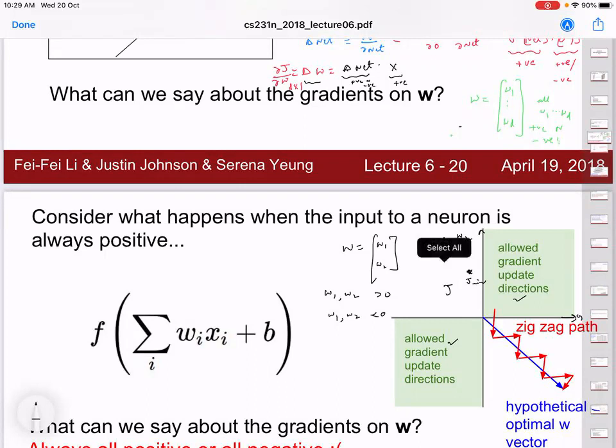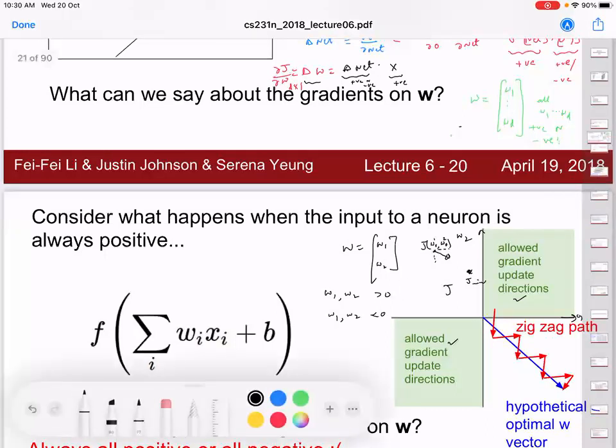Now if we are here and want to progress in this direction, one weight moves towards the positive side while another weight update has to go to the negative side. That's not feasible. So we should have a weight update with both being positive or both being negative.